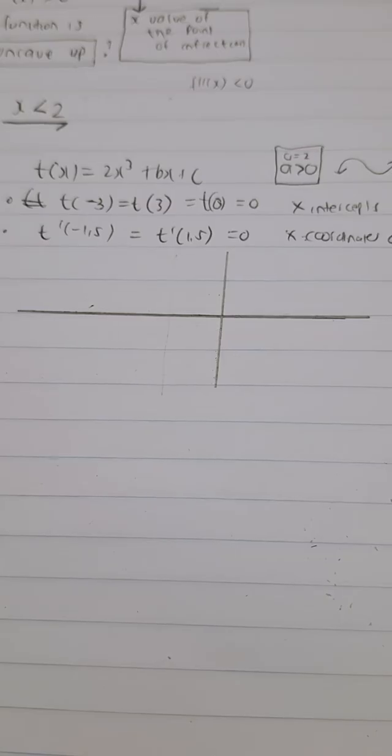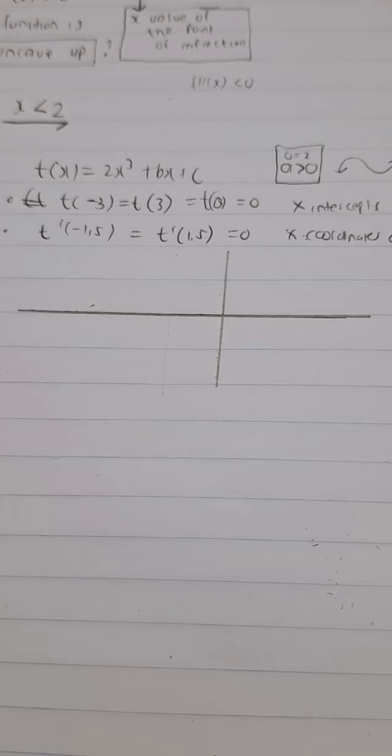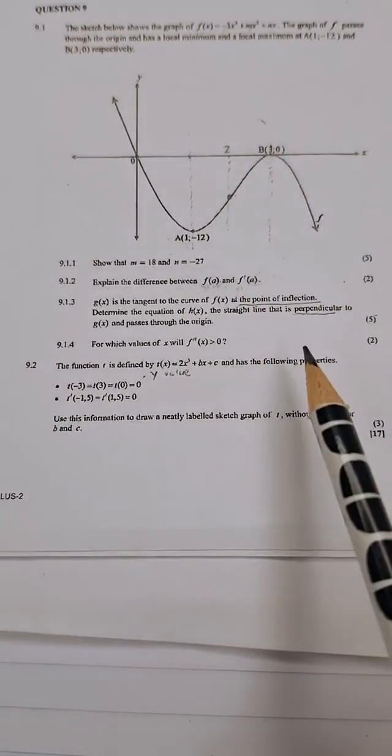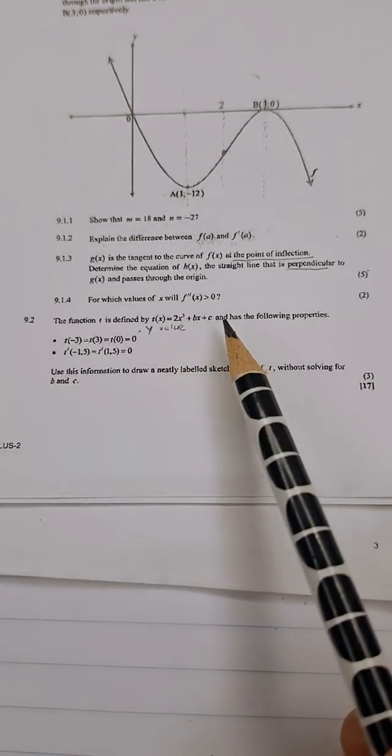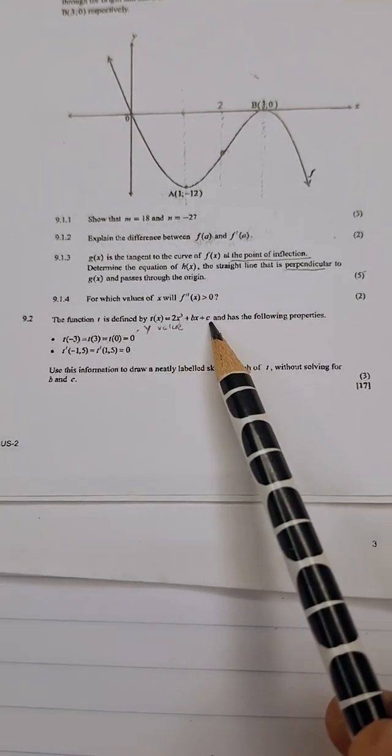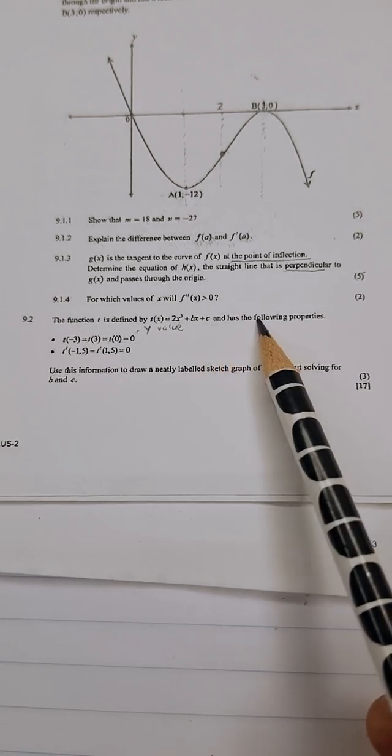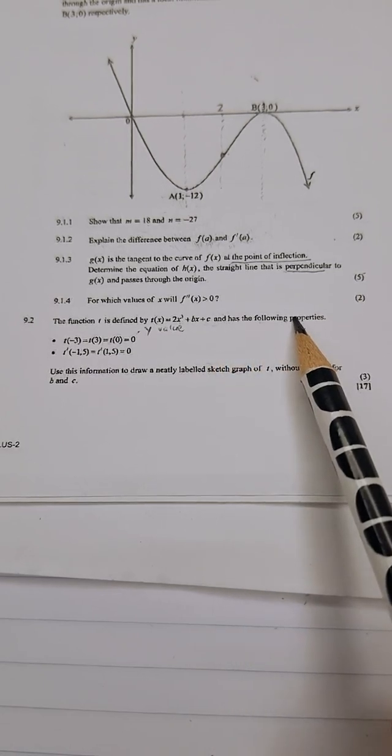If you look at the equation, let me show you something that you might find interesting, because someone asked about the y-intercept. Look at this equation: 2x cubed plus bx plus c. We are told it has the following properties.